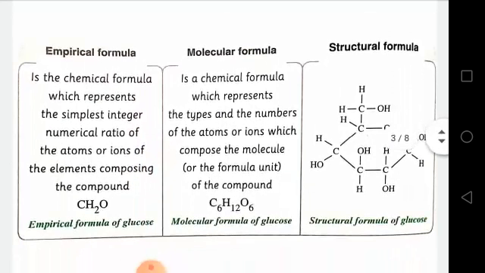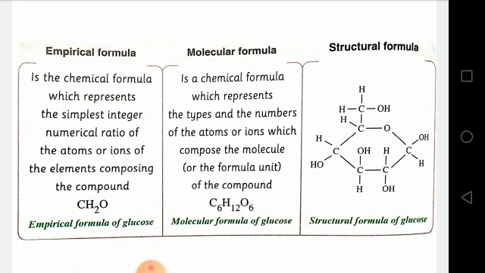Here we will transfer to another topic, which is called empirical formula and molecular formula. The molecular formula is the chemical formula which illustrates the types and the number of each type of atoms or ions in the compound.